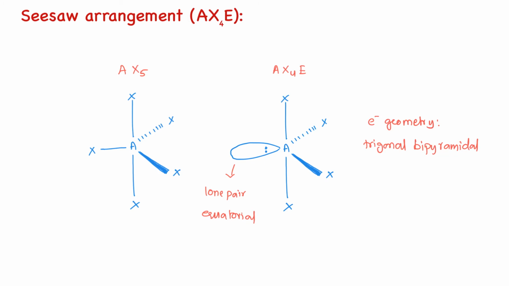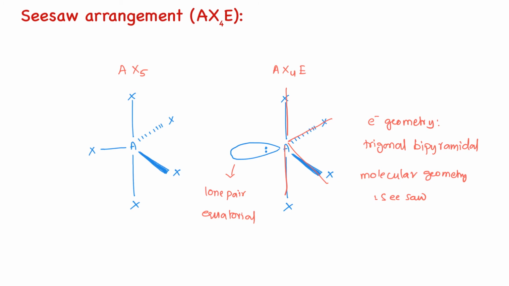However, one of the corners of the trigonal bipyramidal shape does not have an atom. Instead, it is replaced with a non-bonding electron pair. Therefore, the remaining shape looks like a seesaw shape. That is, the molecular geometry for AX4E is seesaw.